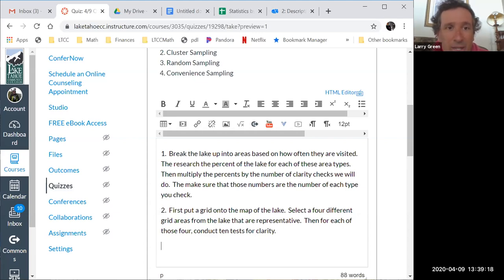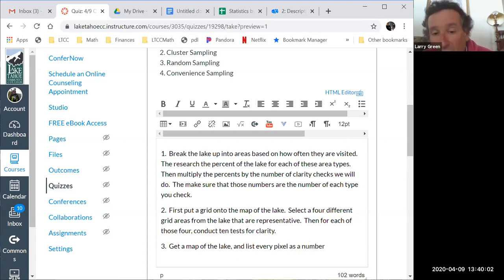Okay, let's look at number 3. 3 is random sampling, which is very difficult. For random sampling, there aren't very many choices on this one. So again, you can get a map of the lake. And let's say you have a nice camera, and it has 10 million pixels. List every pixel as a number.